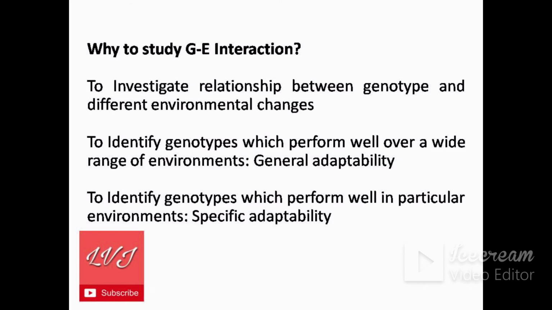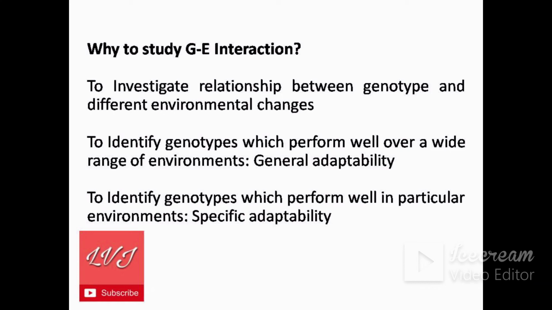So if we are planning to develop some breed or animals for global production, our goal is to develop animals which can produce in different climatic conditions. For that, we will have to introduce general adaptability in those animals. In that condition, we will have to identify genotypes which perform well over a wide range of environments.